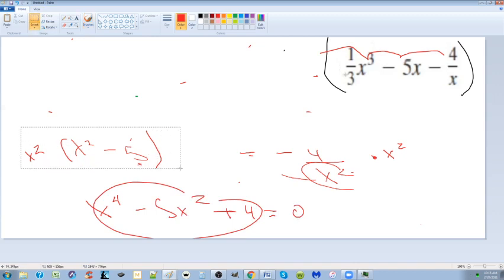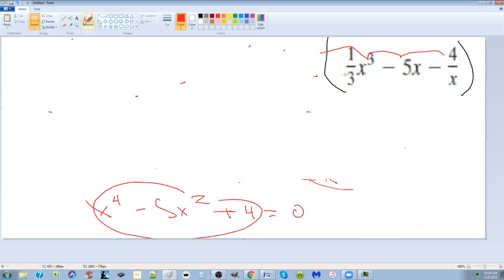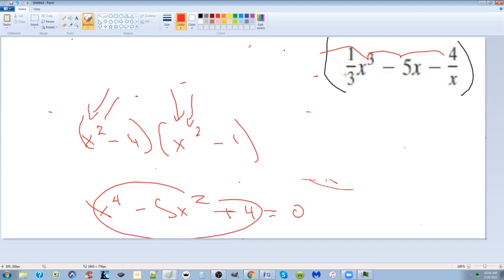So you end up with x squared minus 4, x squared minus 1. So technically, you should have a minus 1 or a plus 1, minus 2 or a plus 2. That will be true. It will create a flat for this. Oh, you know what?